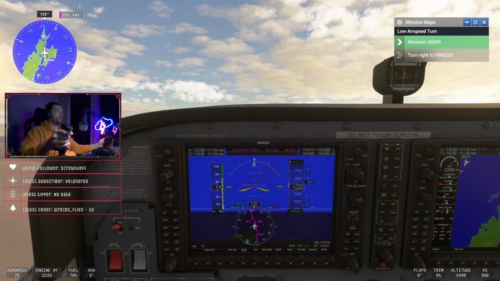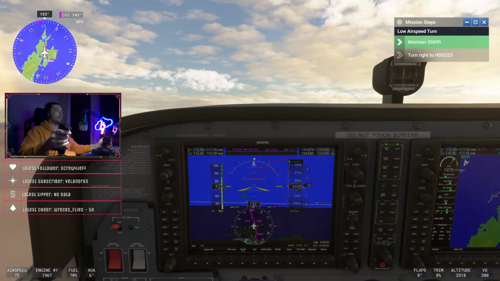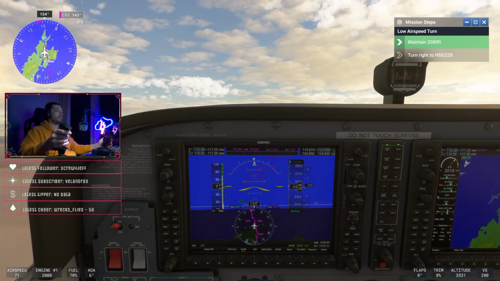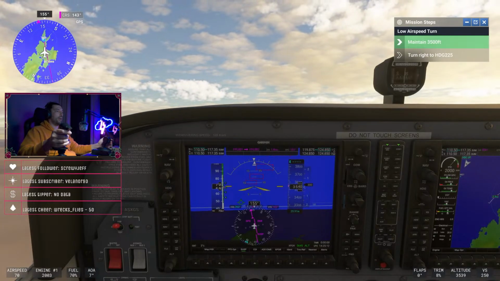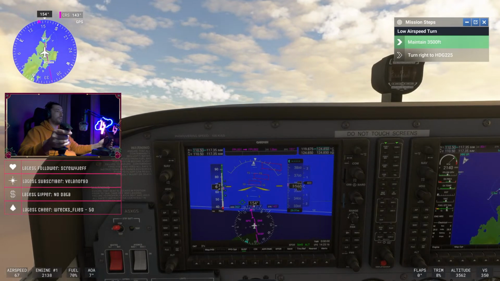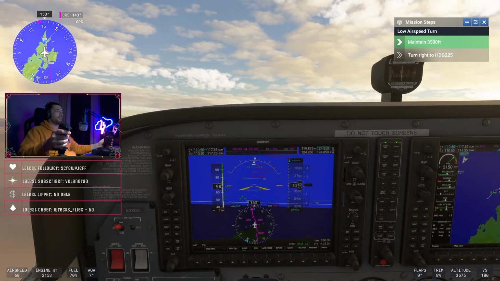Turn right to the AG. I turned right. Am I right? Do I need to turn right again? No, I think I'm doing good here, right? I think I'm doing good.